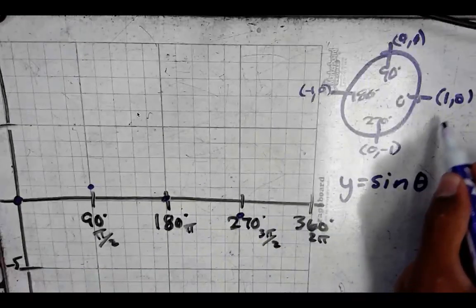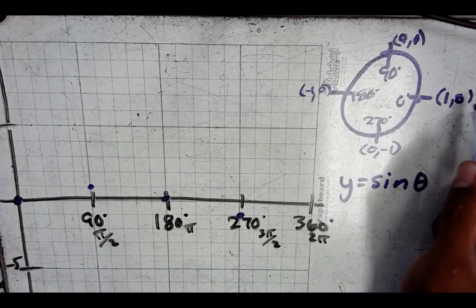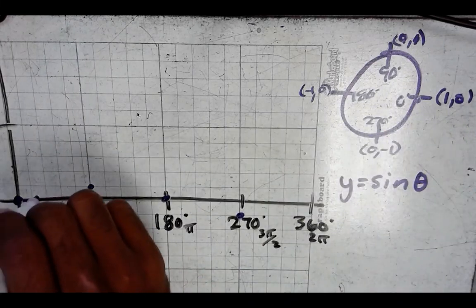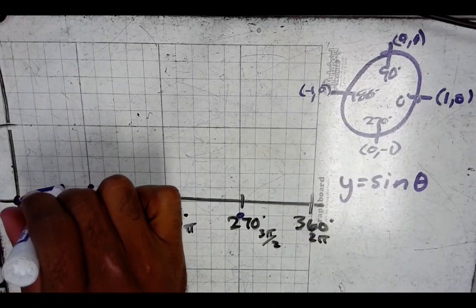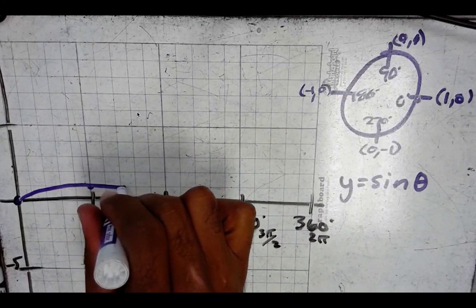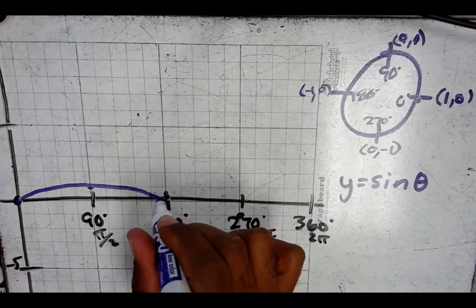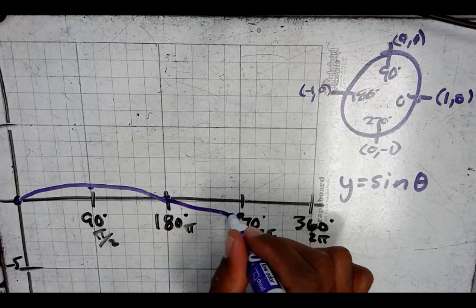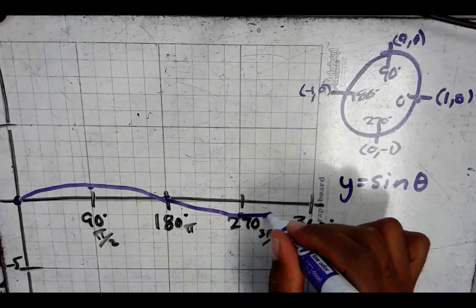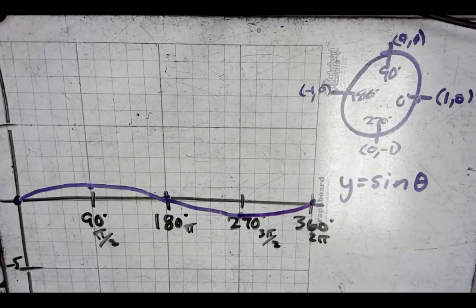And then when I come back up to 360, I go back to 0. And now remember, it's a wave, right? It's this curvy wave. So I started on the x-axis, I go up to 1, I come back through 180, come back down through 270, and then come back up to the x-axis there. So that's just sine.